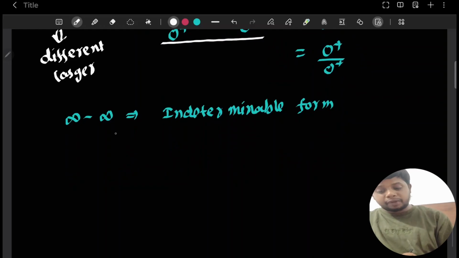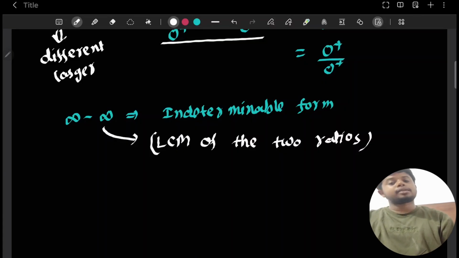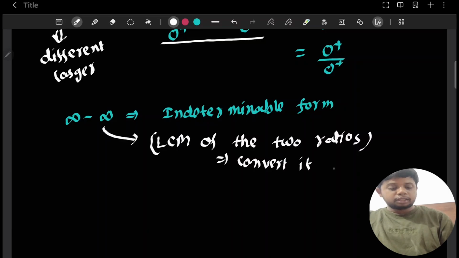So always when you get questions regarding infinity minus infinity, always take the LCM of the two ratios. Always take it to get the answer and convert it in either 0 plus by 0 plus or infinity by infinity form.